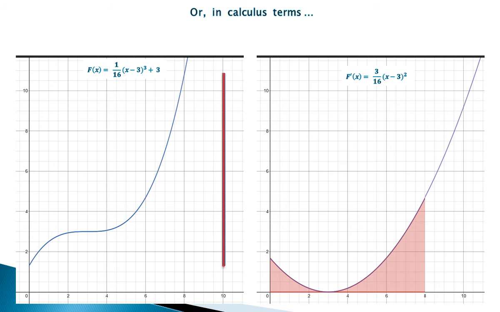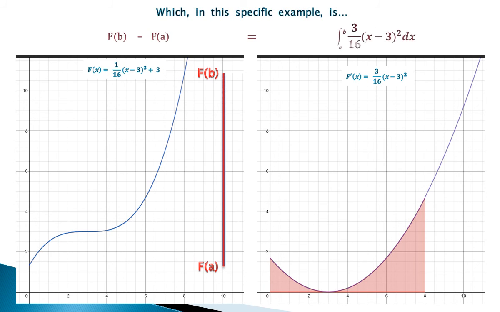Or in calculus terms, f of b minus f of a is equal to the integral from a to b of f prime of x times dx, which in this specific example is the integral from a to b of 3/16 (x minus 3) squared times dx.